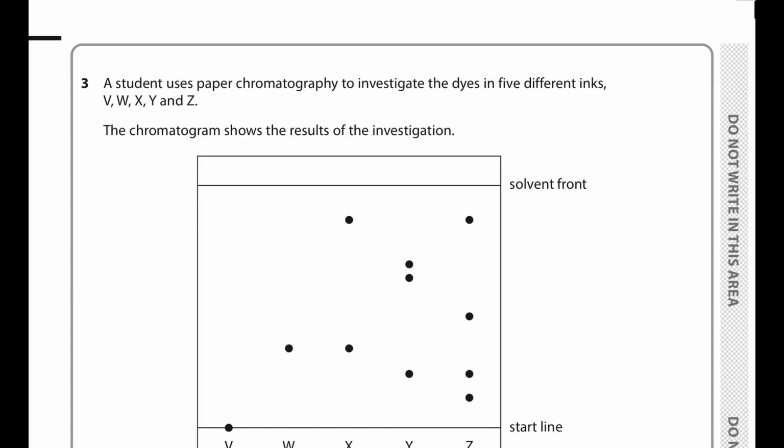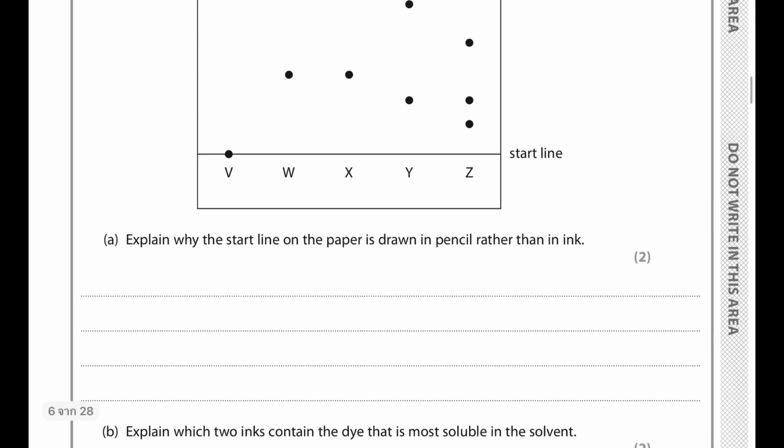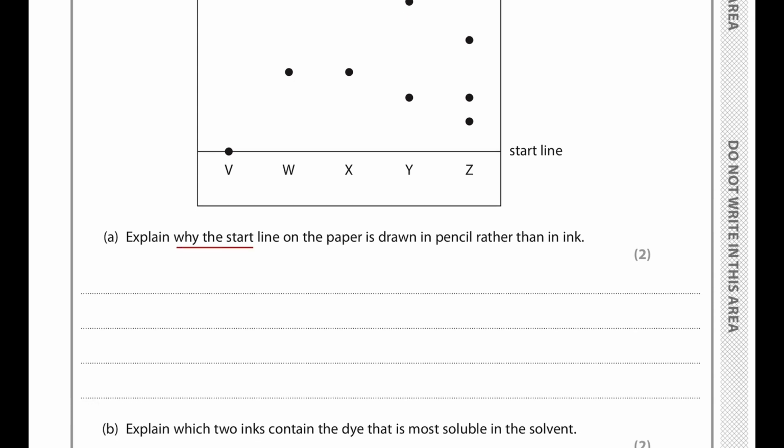Question 3. A student uses paper chromatography to investigate the dyes in five different inks, V, W, X, Y, and Z. The chromatogram shows the result of the investigation. Question A. Explain why the start line on the paper is drawn in pencil rather than in ink.